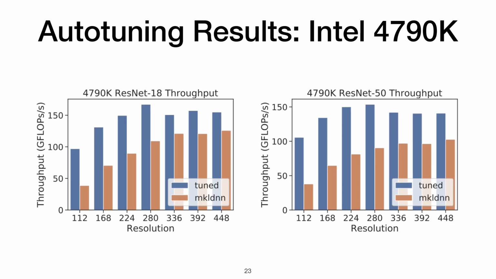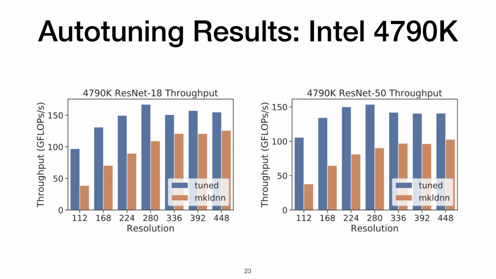Here, we show the throughput results of an auto-tuned implementation of ResNet 18 on the left and ResNet 50 on the right, running on the Intel 4790K processor, comparing the tuned implementation to a library implementation from Intel. The y-axis is throughput in GFLOPs per second, with different resolutions on the x-axis.